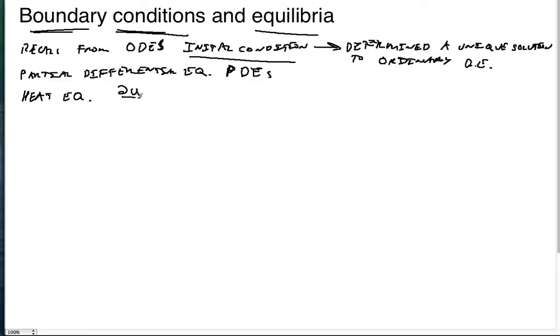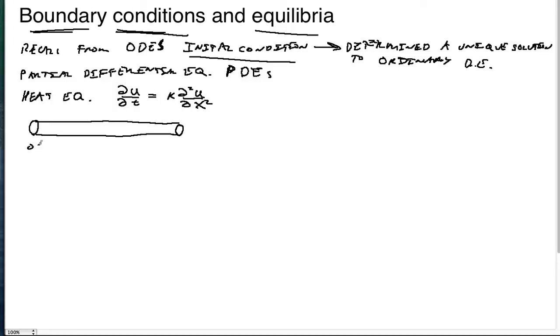We can write it as the time derivative of the temperature is equal to the thermal diffusivity times the second spatial derivative of the temperature. So again, we're doing this in 1D. We think of it as a long bar or rod, from 0 to L.